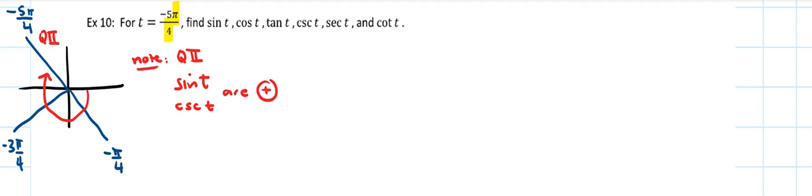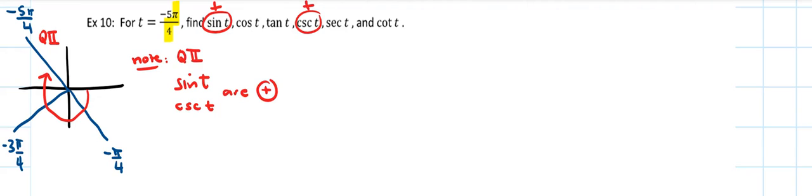So we're going to want to remember that when we are calculating our trig functions. Everything else will be negative. So maybe we can circle those to remind ourselves that these have to be positive and the rest will be negative.